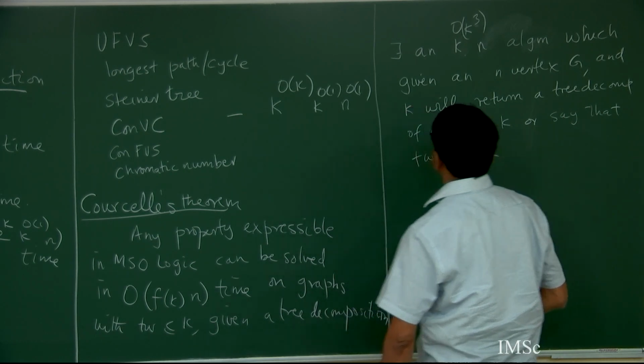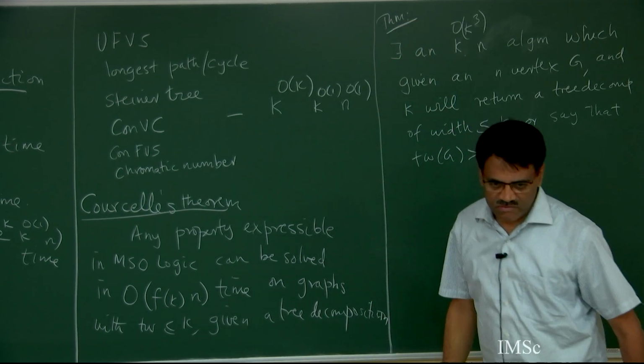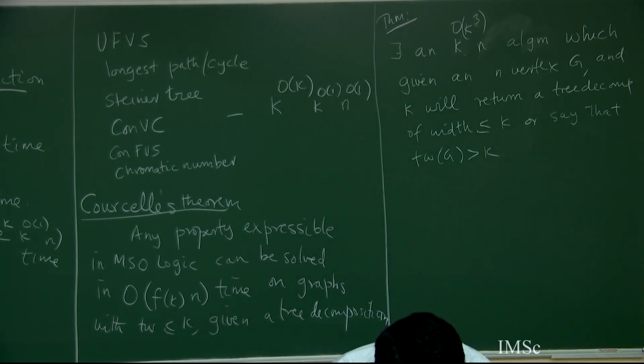This is sort of an exact algorithm. This is known from the pretty much the 90s, I would think. But this is a bad running time even from the point of view of an FPT algorithm.